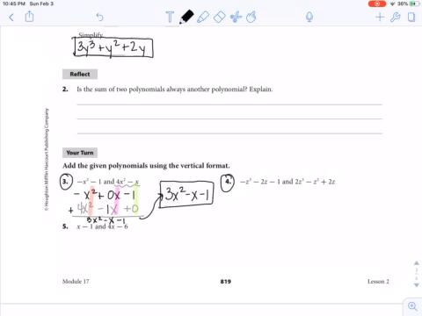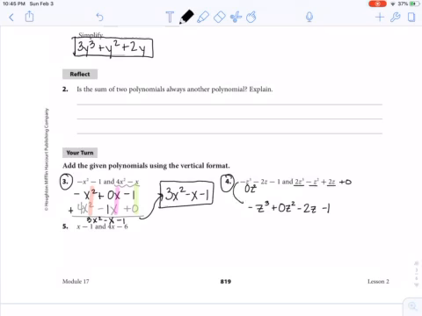Okay? And so I'm going to go to number 4, and I'm going to do the same thing. So I notice here I don't have a z squared, so I'm going to add in a 0z squared. And then I look here, I have a cubed, a squared, and I don't have a constant, so I'm going to add in that 0. So now I'm going to set it up, so I have negative z cubed plus 0z squared minus 2z minus 1.